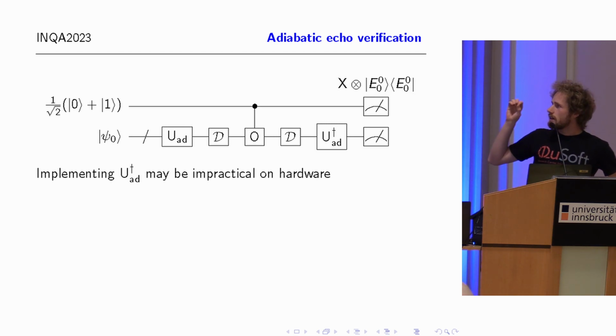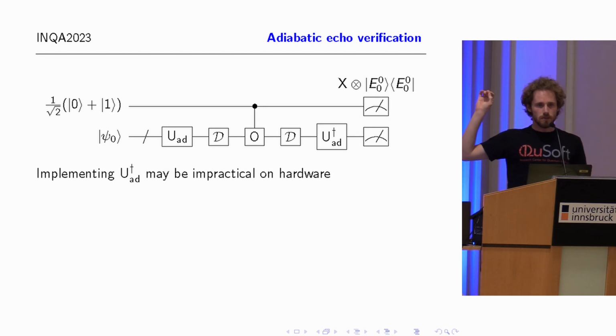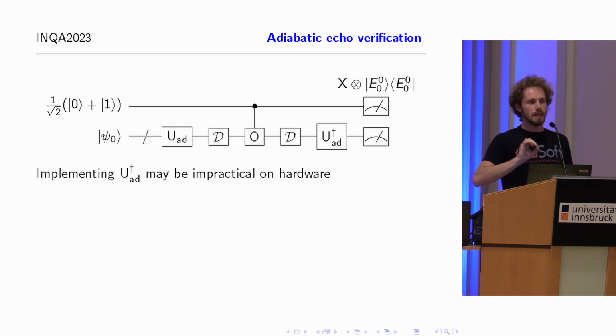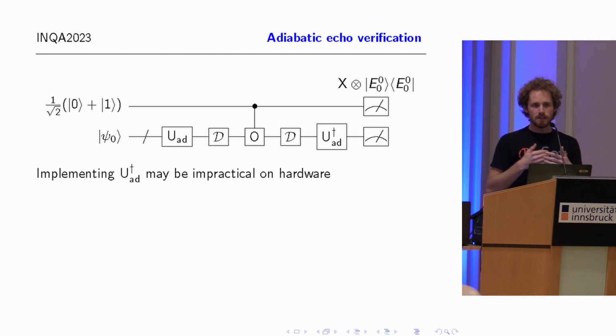Also, I want to emphasize that the dephasing time here depends on the ground state gap only at the end of the adiabatic protocol, and not on the minimal ground state gap along the path. There are settings where these things are the same, but there are also settings where these could vastly differ. So that's another merit of this strategy.